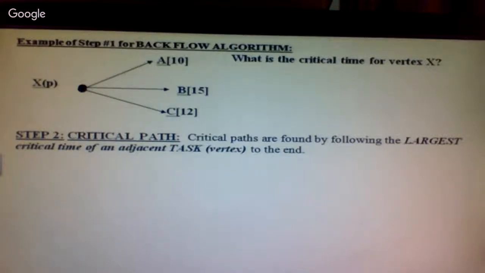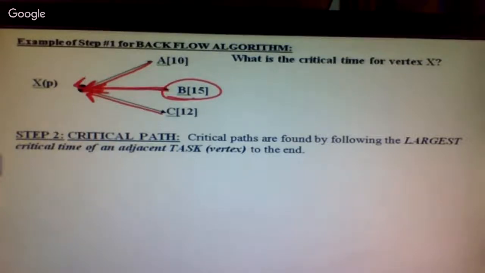If I work backwards and I've got 3 lines leading into a point, I can go from A backwards, B backwards, or C backwards. You always want to go from your largest time, so I'm going to go from B backwards into X. How do you get the critical time for X?